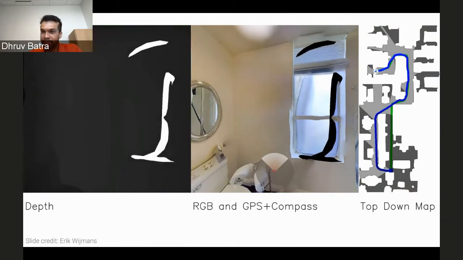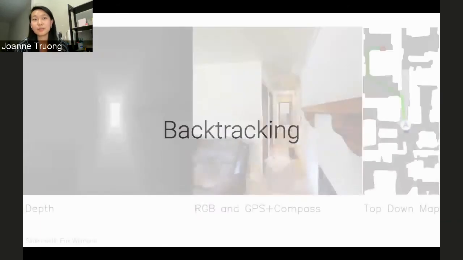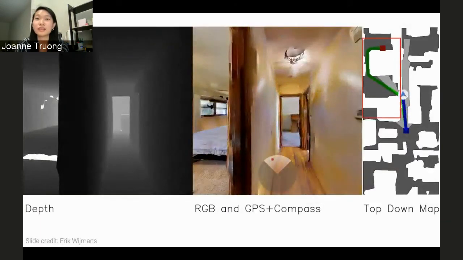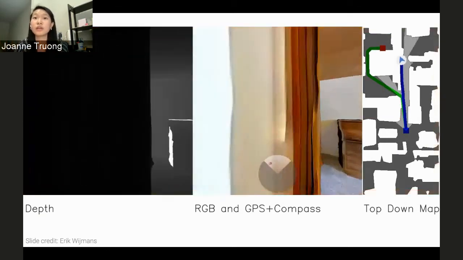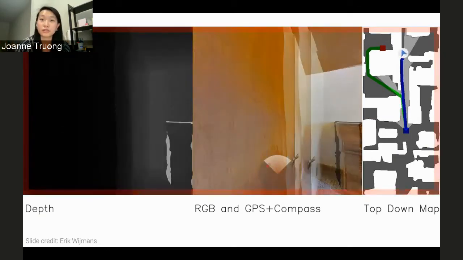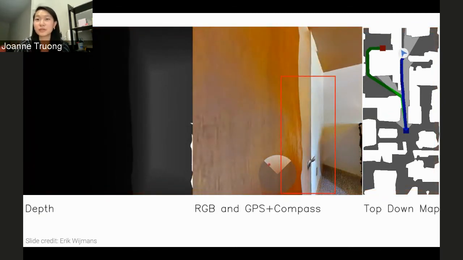Go ahead, Joanne. Yeah, and one more example of this intelligence is in backtracking. Here the agent wants to reach the red point, and it's supposed to turn into this bedroom, but instead it continues straight. At this point it notices, I'm assuming, a door, and so it can't actually make this turn to get to the goal anymore.